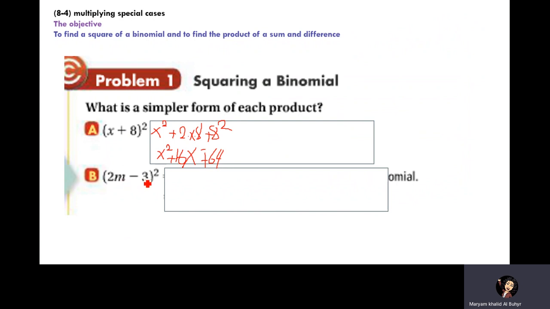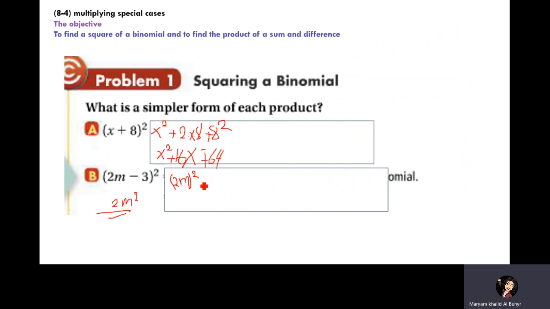Same thing with this one, but here there are more things I have to do. So (2m minus 3) squared. I'm going to use my rule. The first term squared. Keep in your mind, the first term squared means all of it squared, not only one part of it. Don't write 2m directly squared. No, don't write like that.